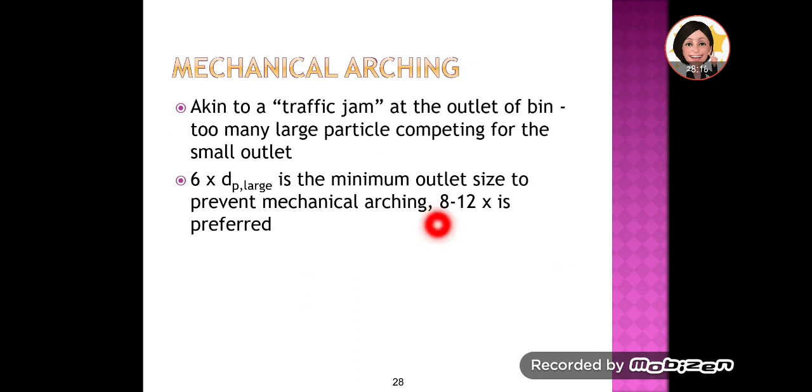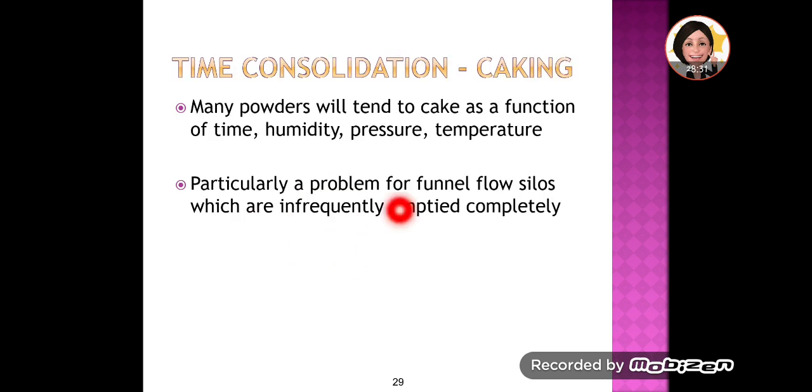This one can cause quality issues. And then mechanical arching, which is similar to a traffic jam at the outlet of the bin. Too many large particles are competing for the small outlet, and this can cause mechanical arching. And time consolidation or caking. Many powders will tend to cake as a function of time, humidity, pressure and temperature.